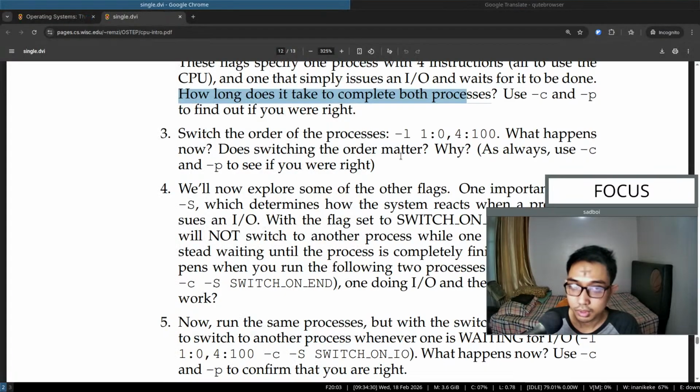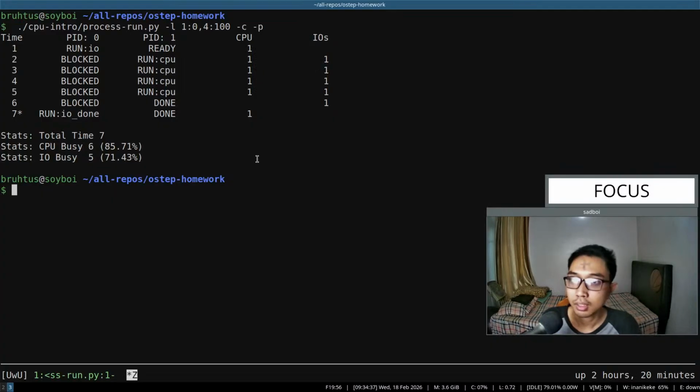Okay. So does the switching order matter? Yes, right?